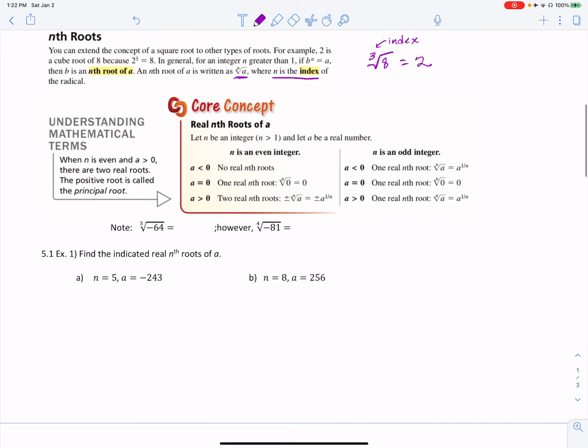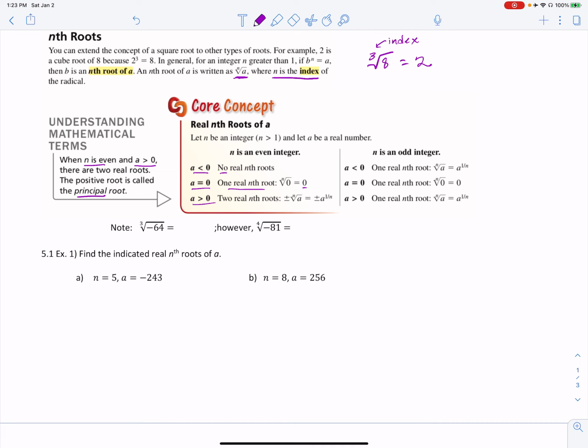Some things to understand in the core concepts. When n is even and a is greater than 0, there are 2 real roots. The positive root is called the principal root. If a is less than 0, there are no real nth roots. If a is 0, there's one nth root, which is 0 itself.